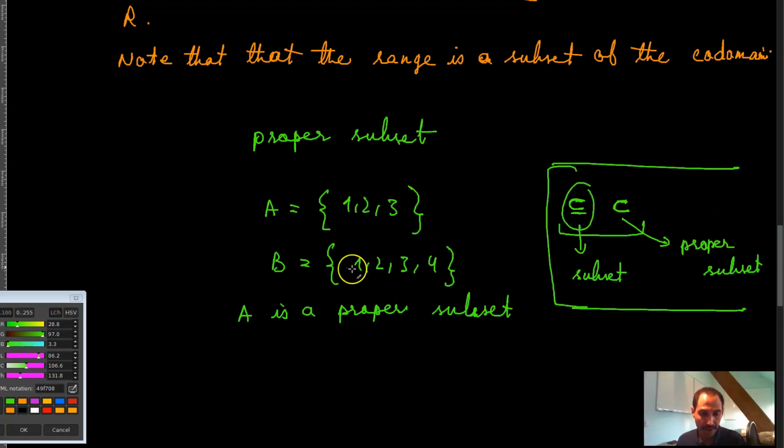Okay. But what I do know is that in this particular case, you can say that A is a proper subset of B because A and B are not the same sets, they are not equal sets.